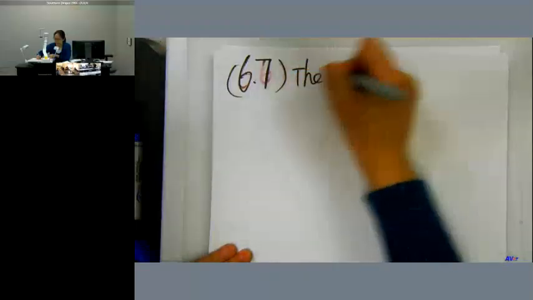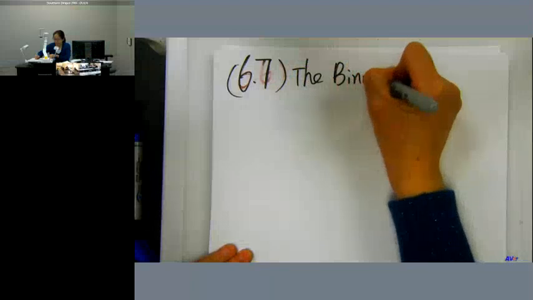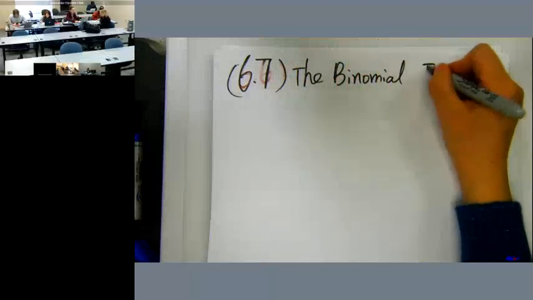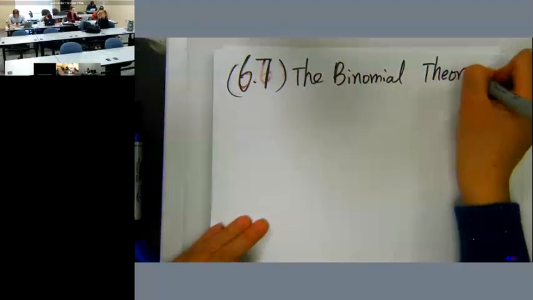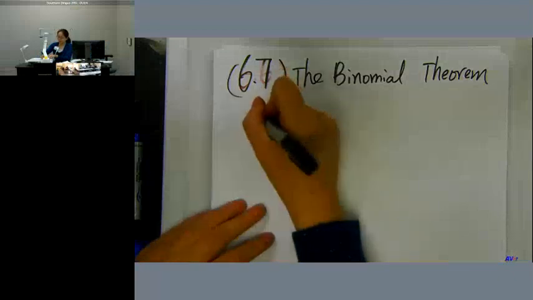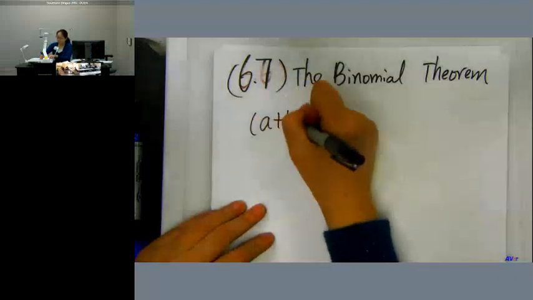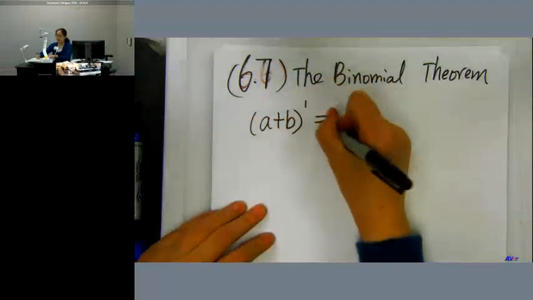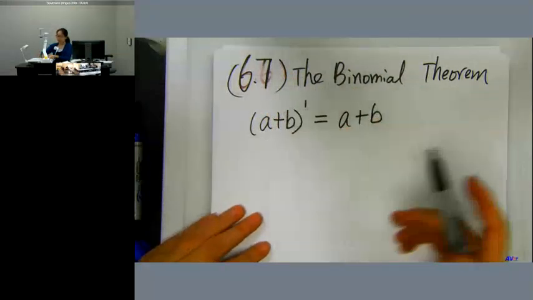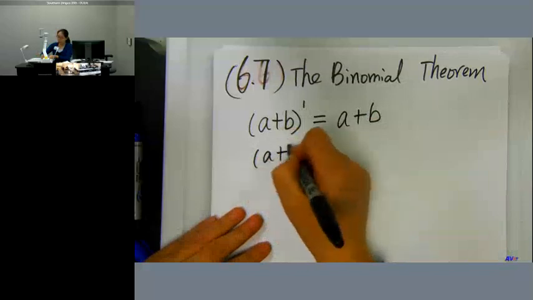I'm sorry, 6.7, not 6.7. It's called the binomial formula theorem. Okay, think about a question we did in algebra. If I want you to do a plus b to the first, that is just going to be a plus b, because first power is like doing nothing. But what is a plus b squared?